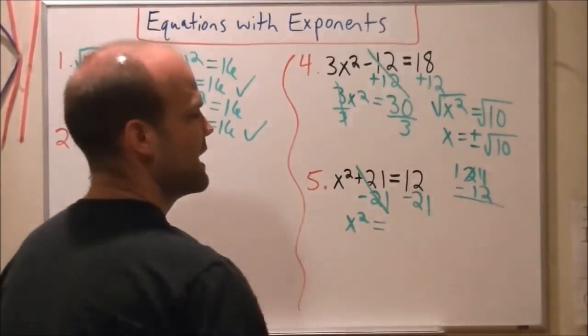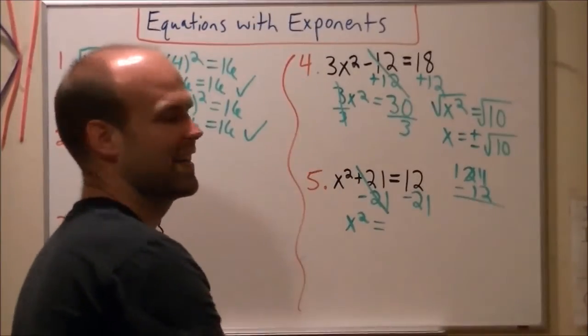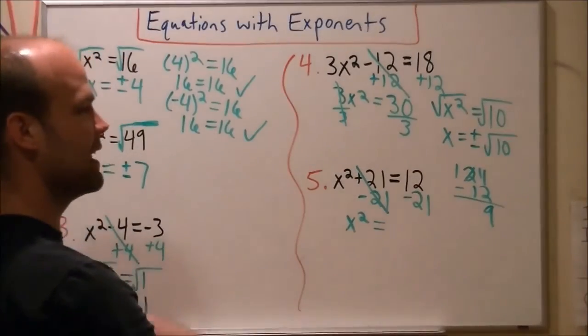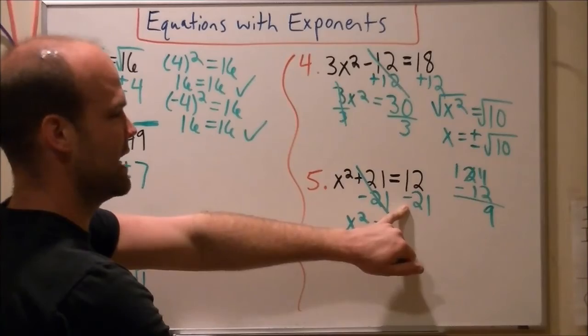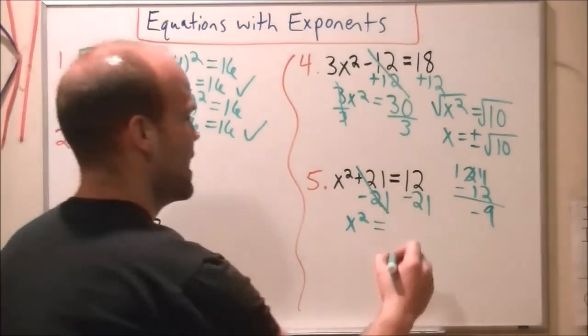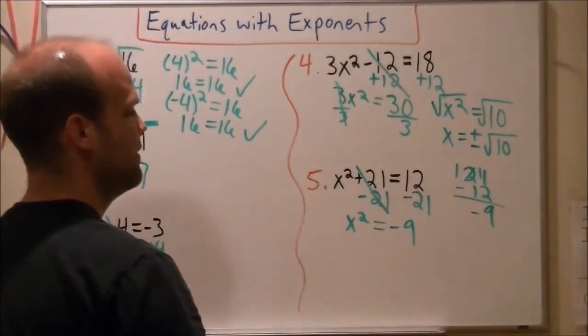And so 11 minus 2 is not 8. You awake? Not 8. Now, I know you guys can tell me what's right. And that's 9, but then I look back, the larger number had what sign attached to it? And so I attach that negative sign to that 9. So I have x squared equals negative 9.